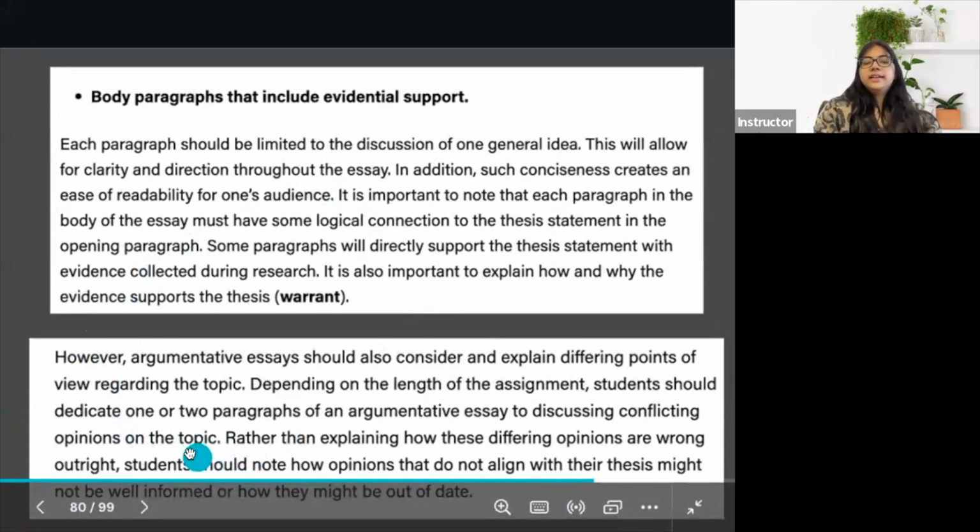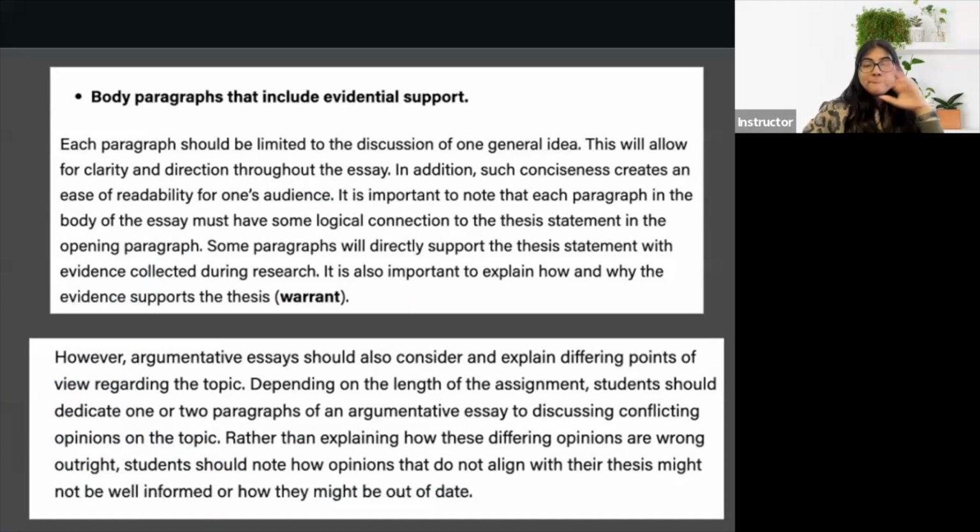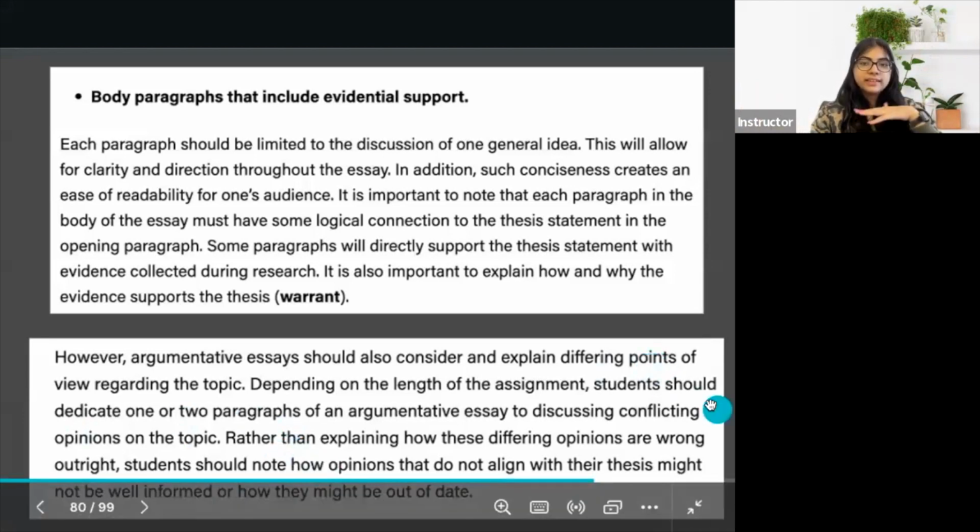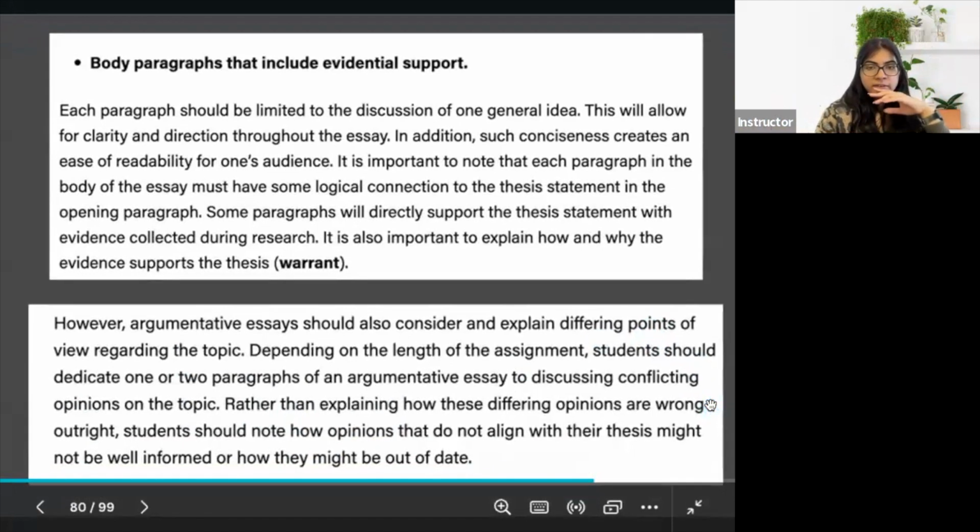So this is how some people like to do their argumentative essays, dedicating a paragraph to just talk about the opposing view. For the sake of this, we're not going to do that, but in the future, when you get to choose your own topic and write your own argumentative essay, you can have the option to dedicate 1 paragraph to the opposing view and refuting that. We'll talk about that a bit more later.